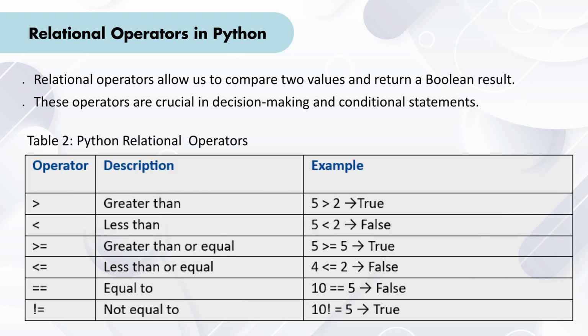For example, 10 > 5 will return true and 5 == 10 will return false. A table of relational operators is shown here. The relational operators are greater than, less than, greater than or equal to, less than or equal to, and not equal to. Relational operators compare two values and return either true or false.